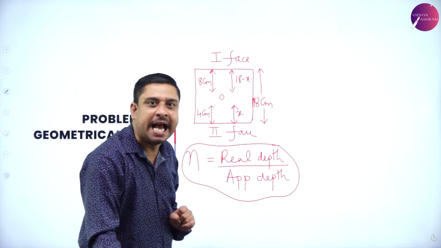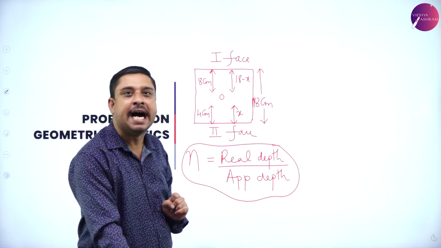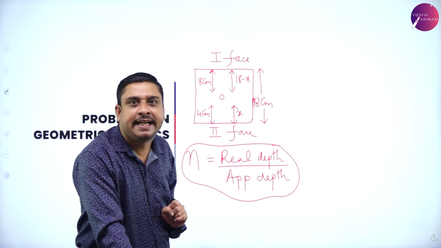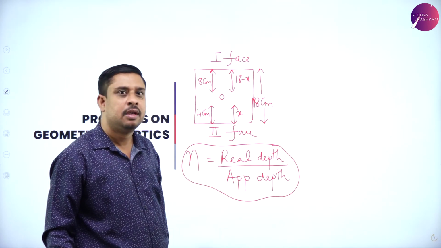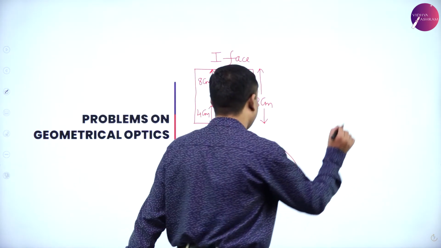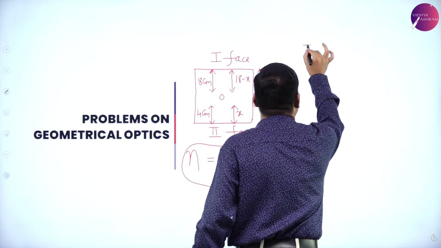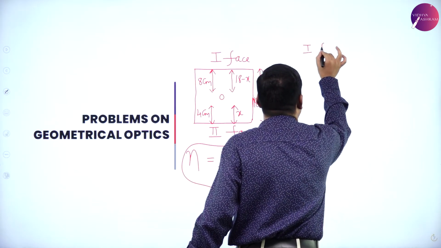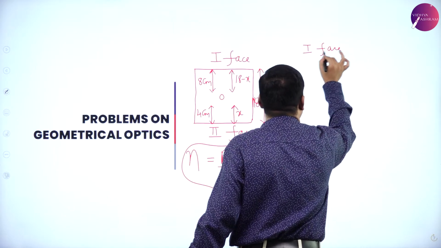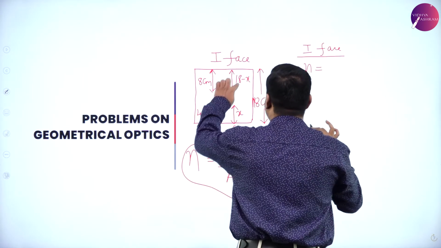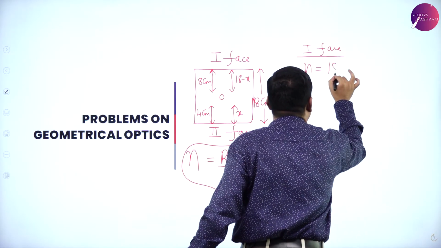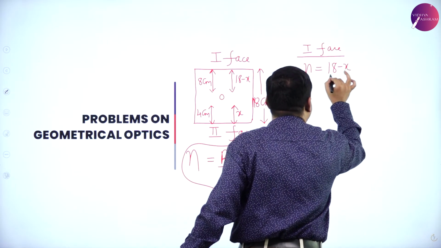Refractive index n is real depth divided by apparent depth. Now, for the first phase, n equals real depth 18 minus x.